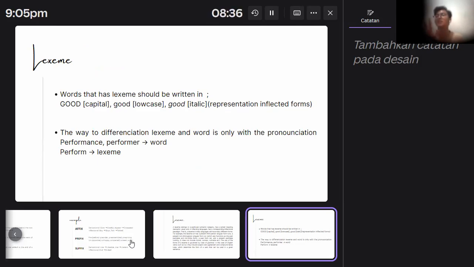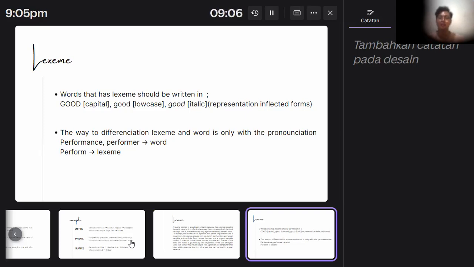Italic is a representation of inflecting forms. As I have said before, we can see in the presentation of this PPT, capital such as GOOD, which is the capital keyword, and good for the lowercase that is opposite to the capital, and good that is italic, or the italic from the Indonesian, is like garis miring, meaning the letters are slanted.